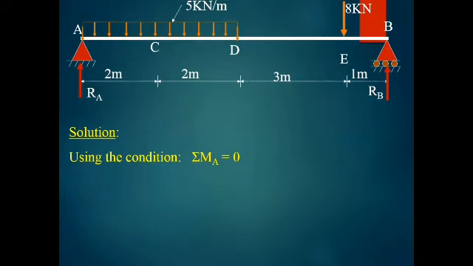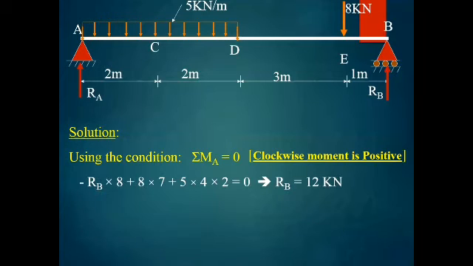So what will we do first? First, we have to use the sigma MA equal to 0 equilibrium condition, and take moment about A. When I'm taking sigma MA, that means I'm going to take moment of all the forces about point A, so my distance will be from point A. For this, clockwise moments we will consider as positive.